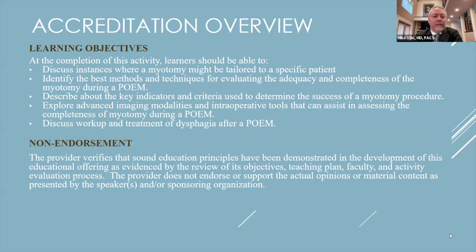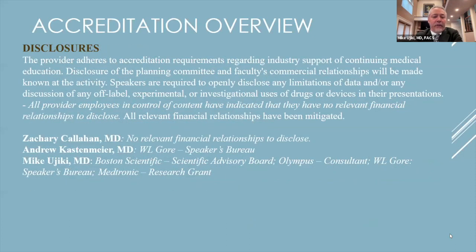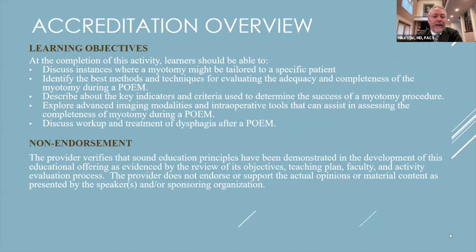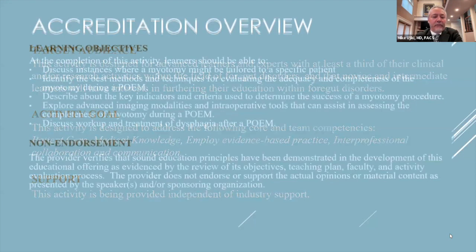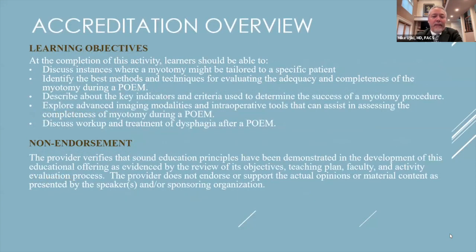The learning objectives include discussing instances where a myotomy might be tailored to a specific patient, identifying the best methods and techniques for evaluating the adequacy and completeness of POEM, describing key indicators and criteria used to determine the success of myotomy procedure, exploring advanced imaging modalities and intraoperative tools like impedance planimetry that can assist in assessing the completeness of myotomy, and discussing the workup and treatment of dysphagia.